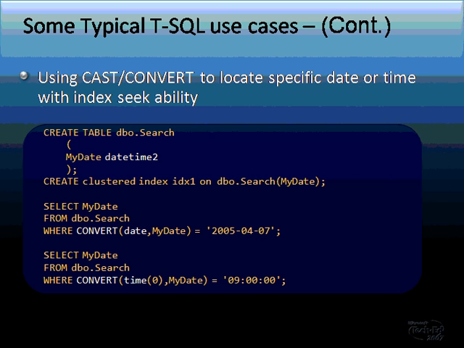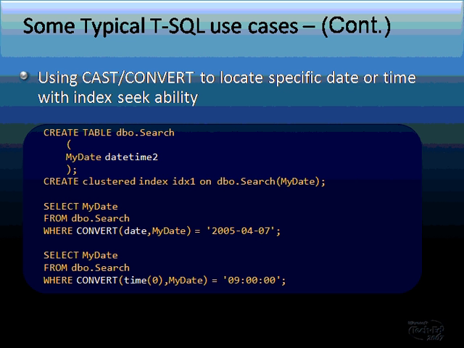I'm on slide 16. Again, this is about the CAST and the CONVERT function. When you use that to convert to a date or to a time type, my example is you have a datetime2 column, and you create an index on the column. But now for some reason you want to find where your datetime value is in a specific date.